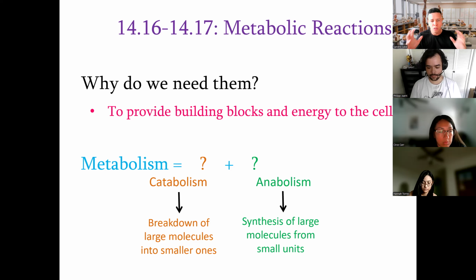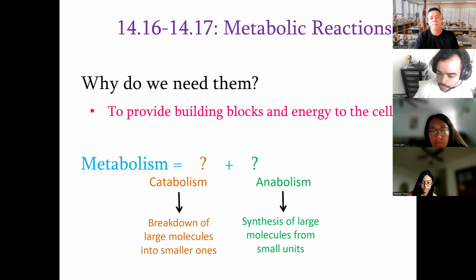When we take a protein and break it down into amino acids, we are doing a catabolic reaction. When we take DNA and break it down into nucleic acids, we are doing a catabolic reaction. An anabolic reaction, or anabolism, is the opposite. In an anabolic reaction, we are taking small units and building something bigger and more complex. Okay.